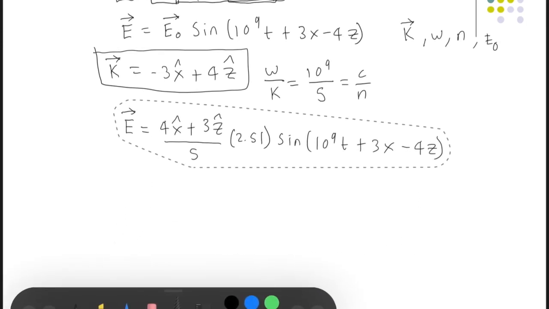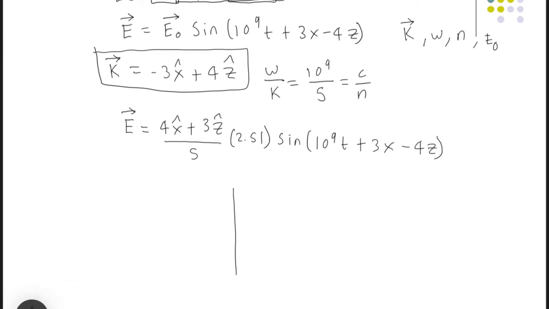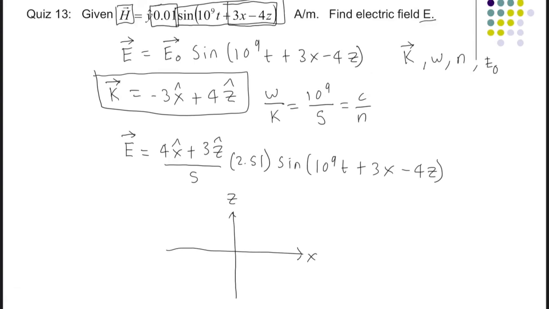If I were to draw this on a ZX plane, I'd have something that looks like this. The X direction, the Z direction. Right. So in order to find where the E field and H field lie on this ZX plane, we have to look at the equation that we have for the E field and for the H field.